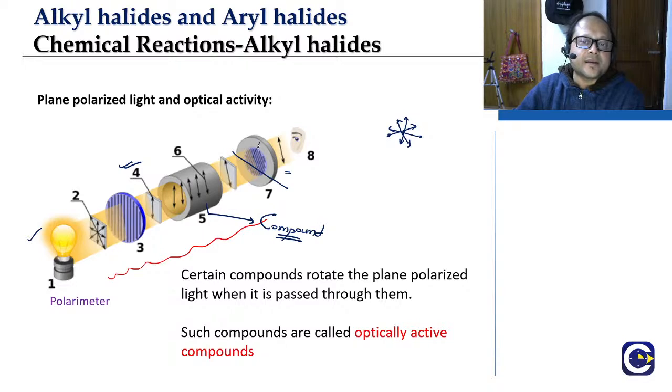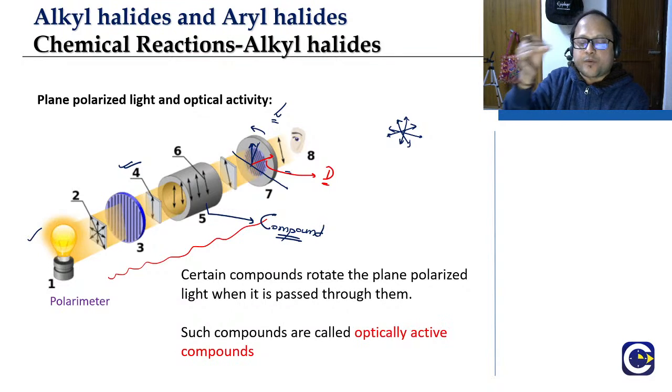I mean, when it entered, it should have been like this, but it is in this direction. So that means it is tilting towards left. So right now, since it is tilting towards left, it is bending light towards left. Hence, it is levorotatory. Had it bent the light in this direction, then it would have been dextrorotatory.